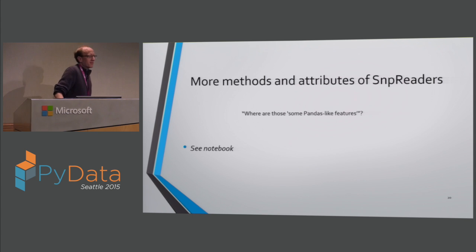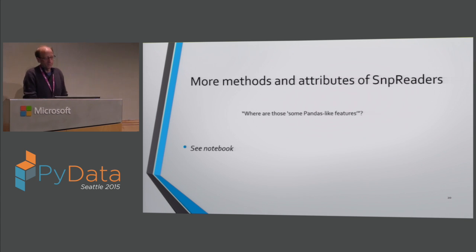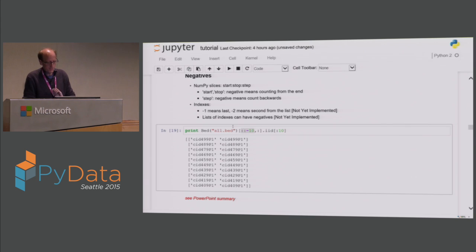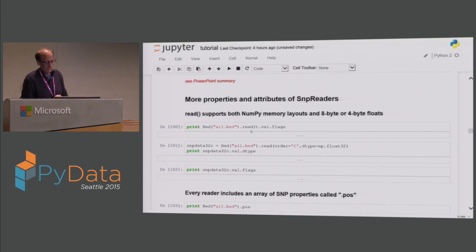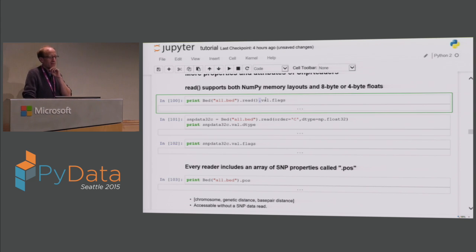So I promised that we would have access to some pandas-like features, and I haven't actually shown any so far. So let me demonstrate that. First, a few more options on read. We saw view OK.